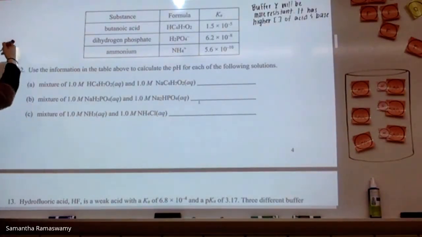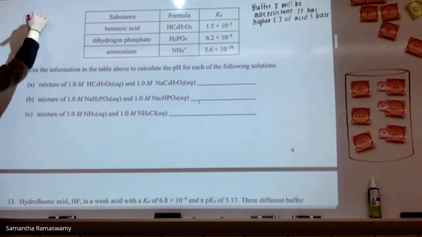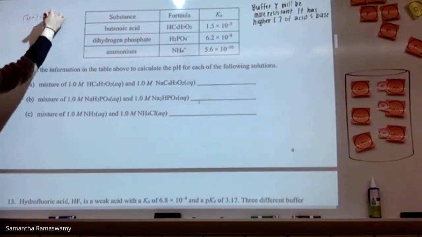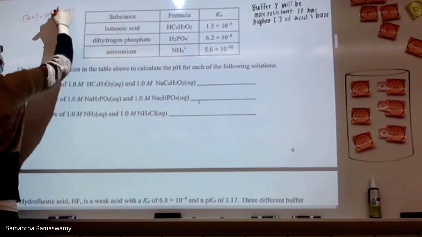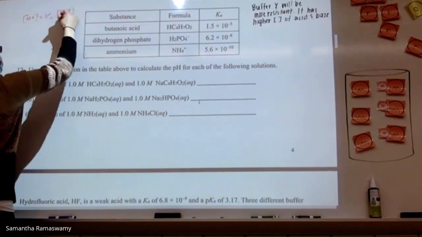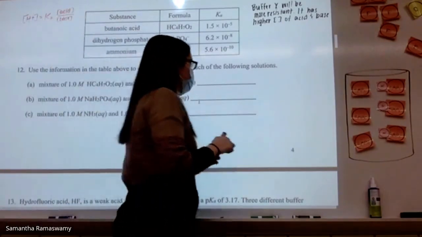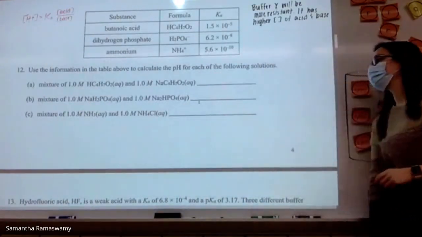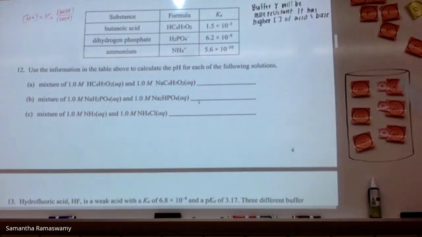Buffer equation is just H plus concentration equals Ka times the acidic component of the buffer over the basic component of the buffer. So use that for all 3. You just need to make sure that you can figure out which one is the acid, which one is the base.